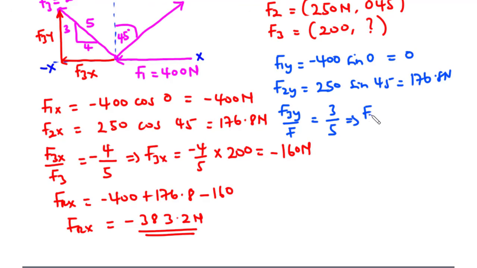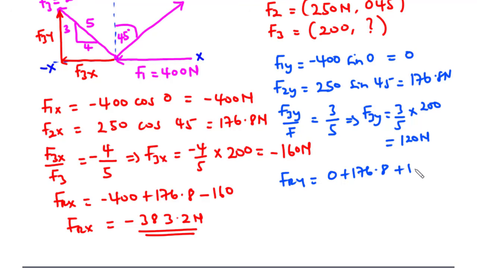So F3y is equal to 3 over 5 times 200, and that is equal to 120 newtons. So Fry is equal to 0 plus 176.8 plus 120, and that is equal to 296.8 newtons.